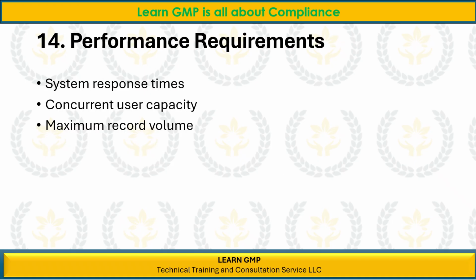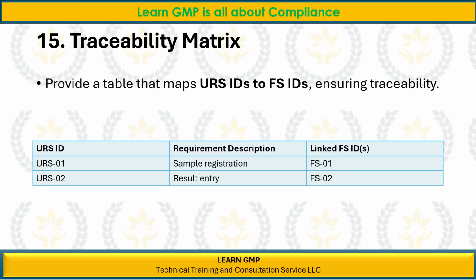Performance requirements. System response times. Concurrent user capacity. Maximum record volume. Traceability matrix. Provide a table that maps URS IDs to FS IDs, ensuring traceability.